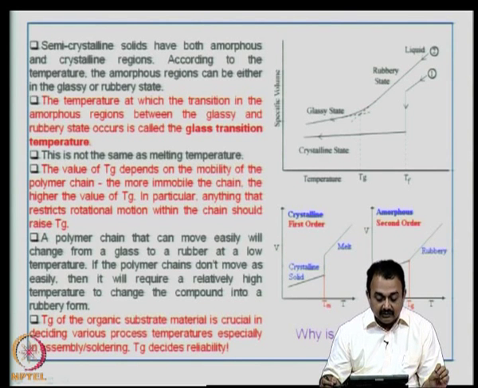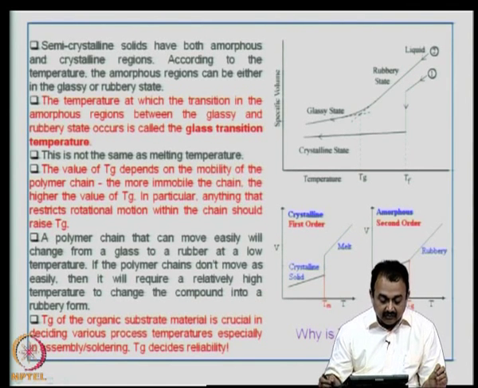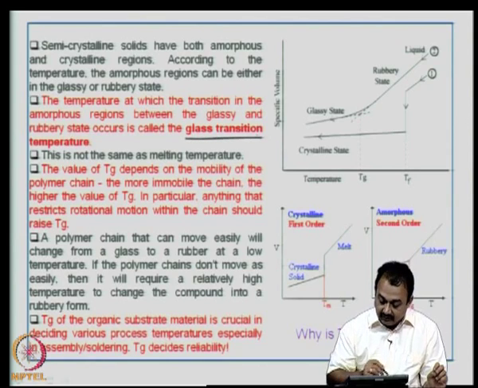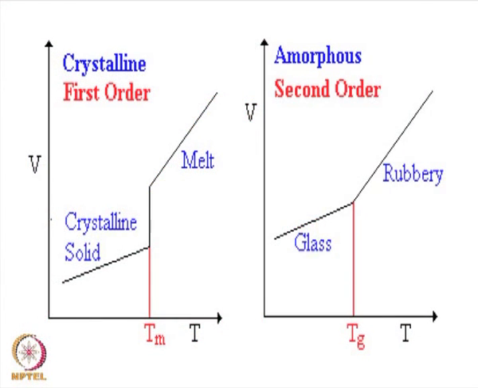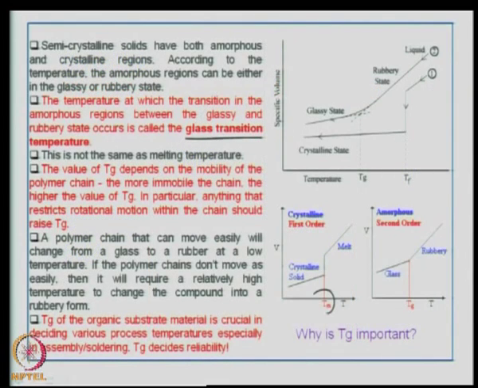The temperature at which the transition in the amorphous regions between the glassy and the rubbery state occurs is called the glass transition temperature. For example, if you look at this figure on the right side, there is a melt region and a crystalline solid region, and this is the melting point, okay, specific volume versus temperature.